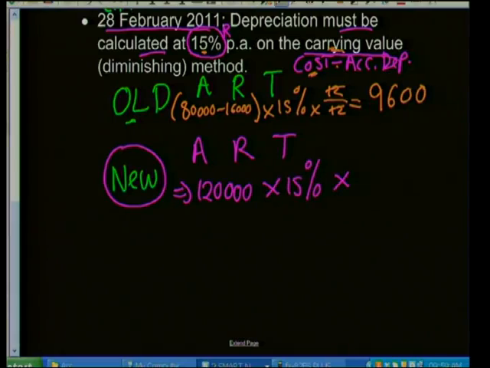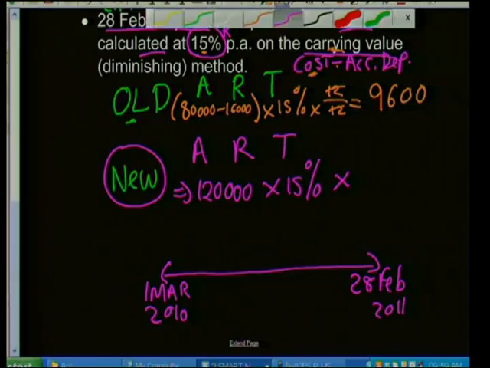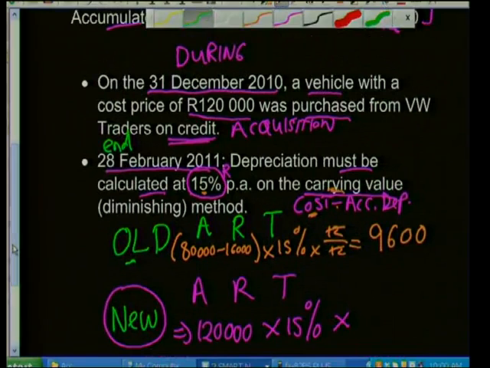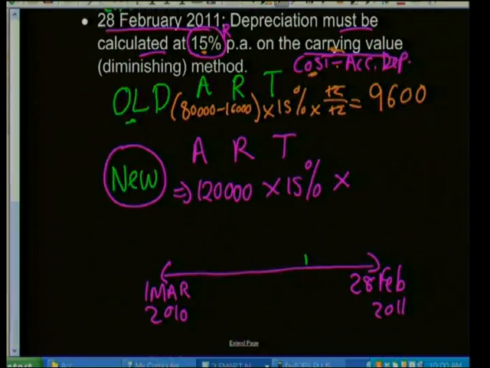So very quickly, I'm going to draw our timeline. The financial year starts on the 1st of March 2010 and ends on the 28th of February 2011. So that's my timeline. Let's look at when this vehicle was purchased. The information at the top tells me the vehicle was purchased on the 31st of December 2010. So 31st of December, somewhere here.